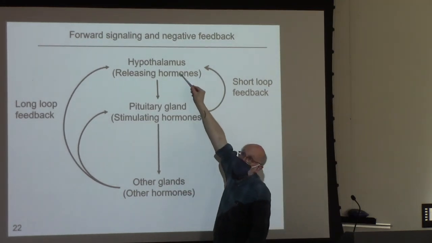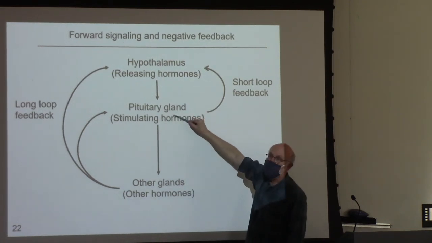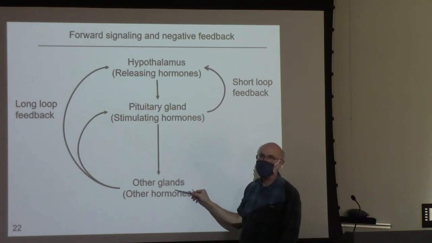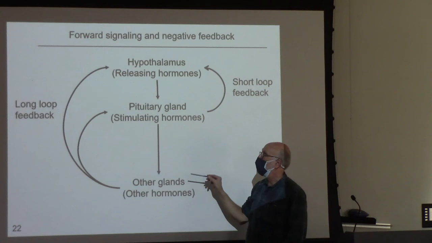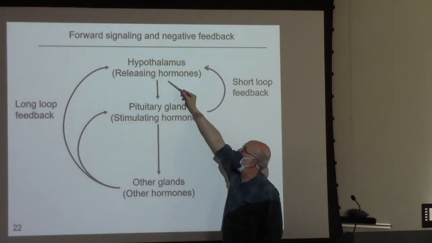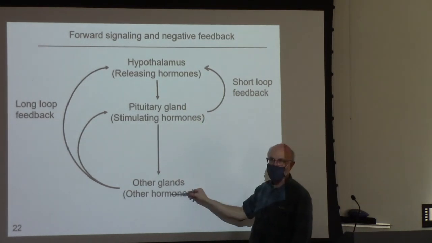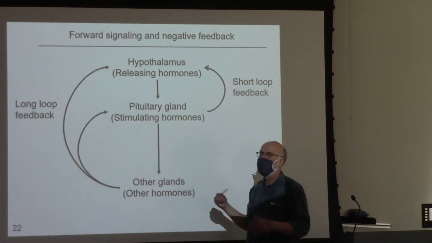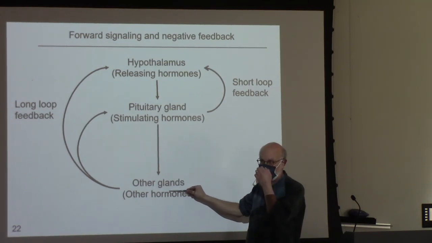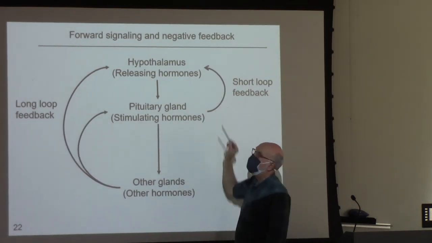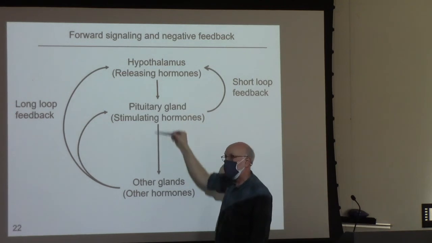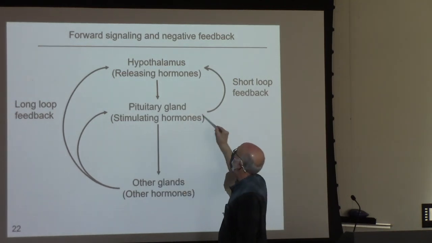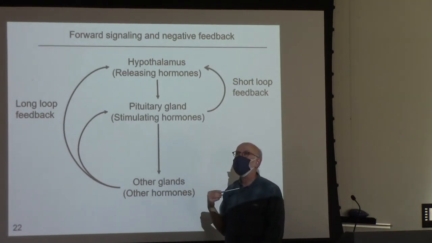So something from the brain might affect the pituitary. The pituitary secretes a hormone that affects something else, let's just say anything else. And there is feedback, positive feed forward, stimulation, production of something that changes the cell production, changes the cell behavior, phenotype, and negative feedback.